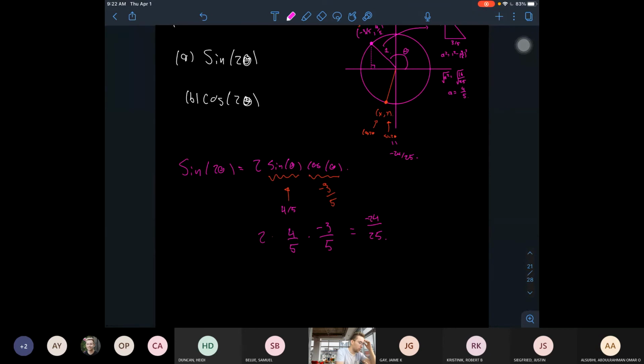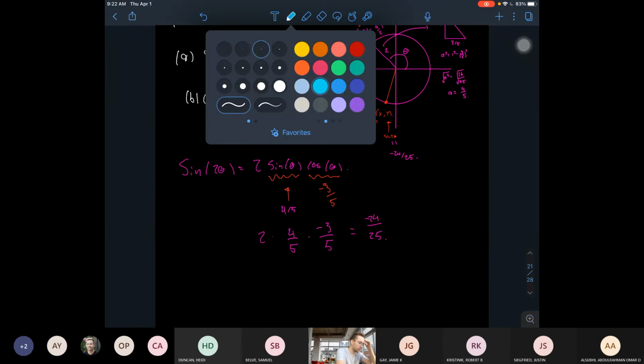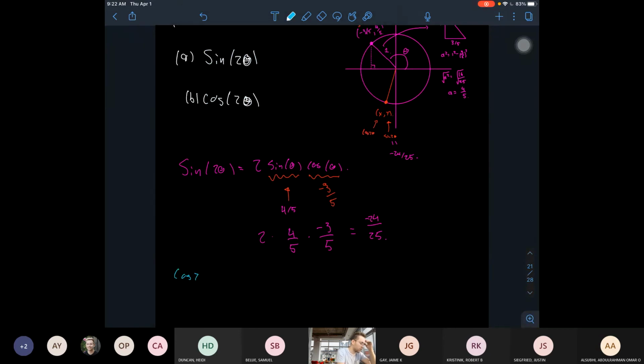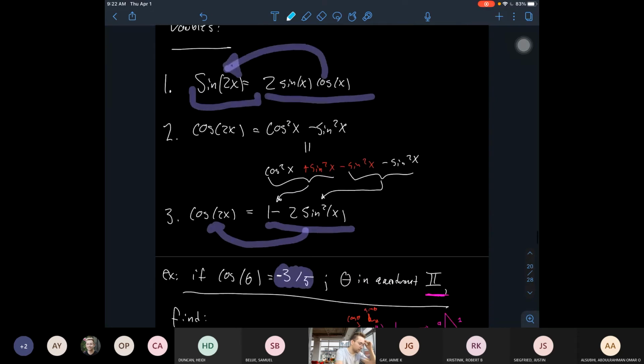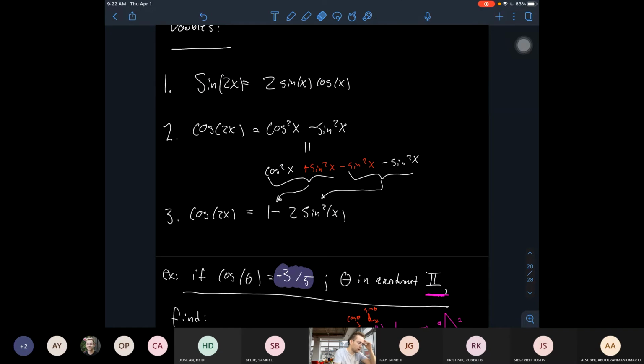Okay, and then what about cosine? Well, cosine of 2 theta, we have two options. Option 1 is to take 1 minus 2 sine squared of x, and option 2 is to take cosine squared x minus sine squared x.